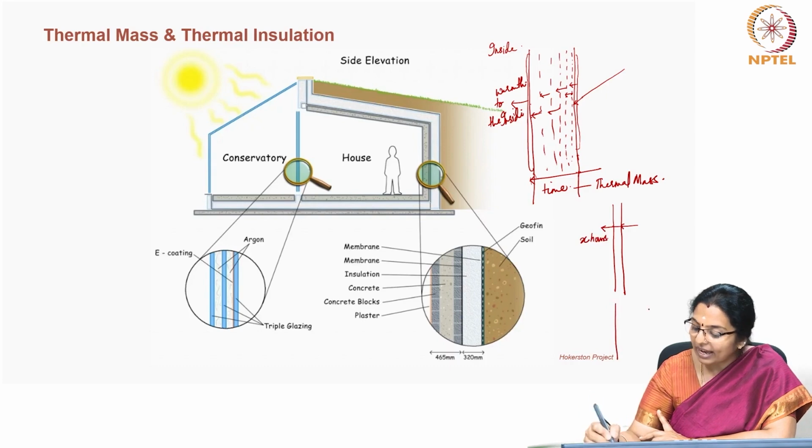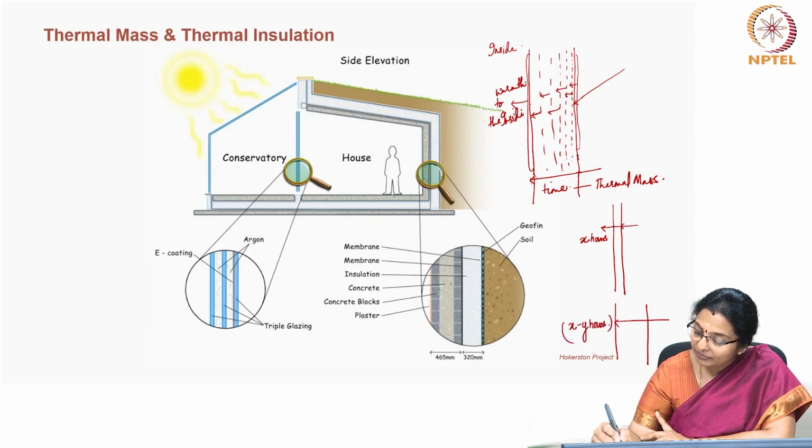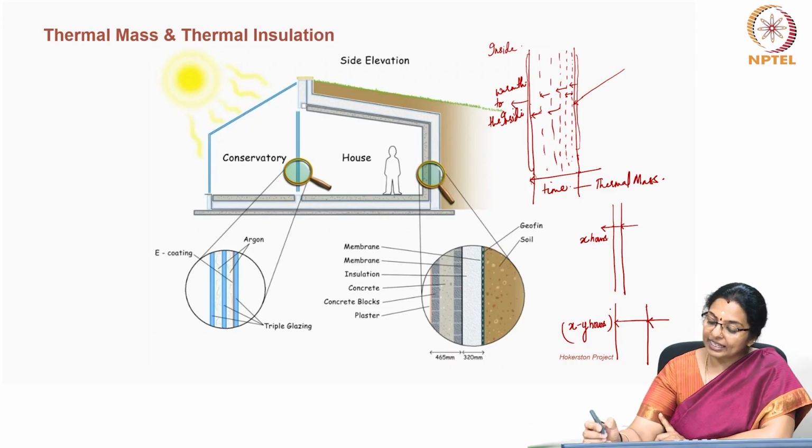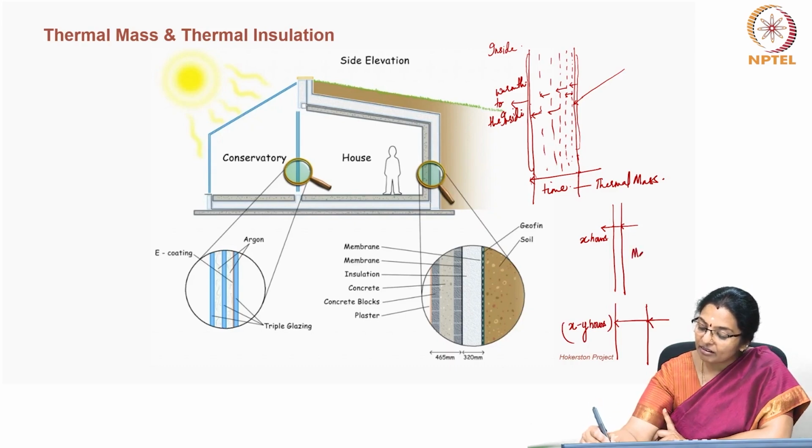But if you have a thicker wall, then this heat will reach here in X plus Y hours. It will take time for the heat from outside to reach inside. So, it depends on the thickness as well as it is a material property.